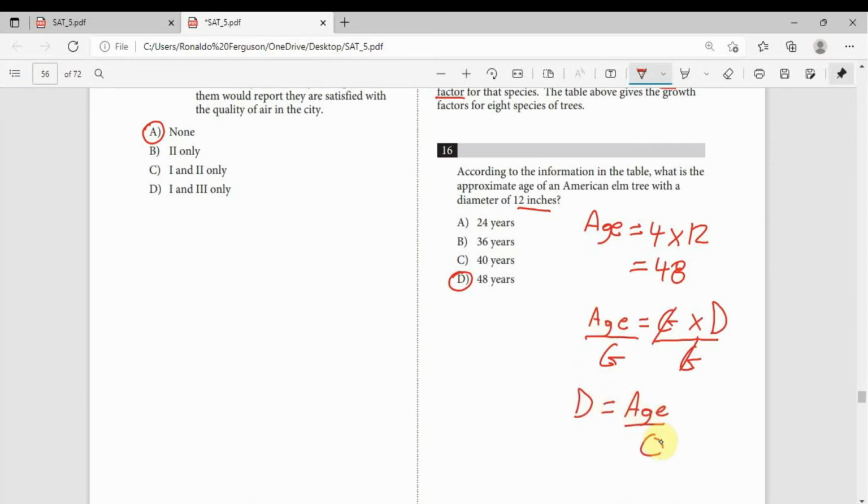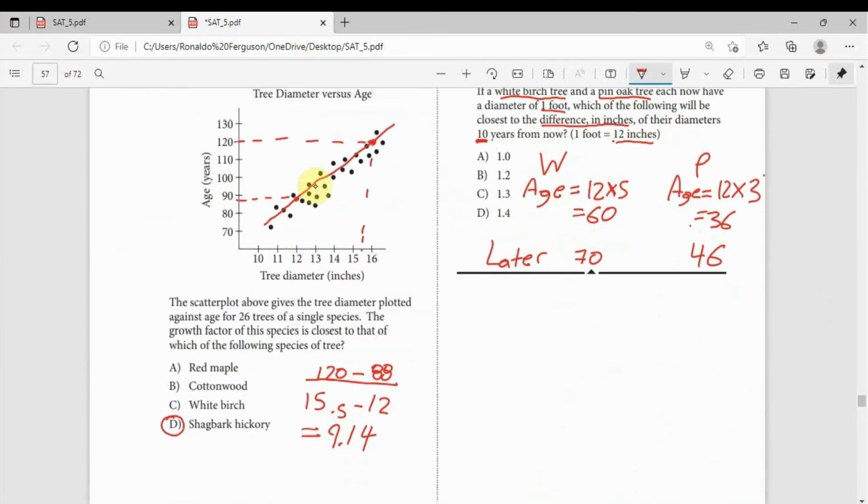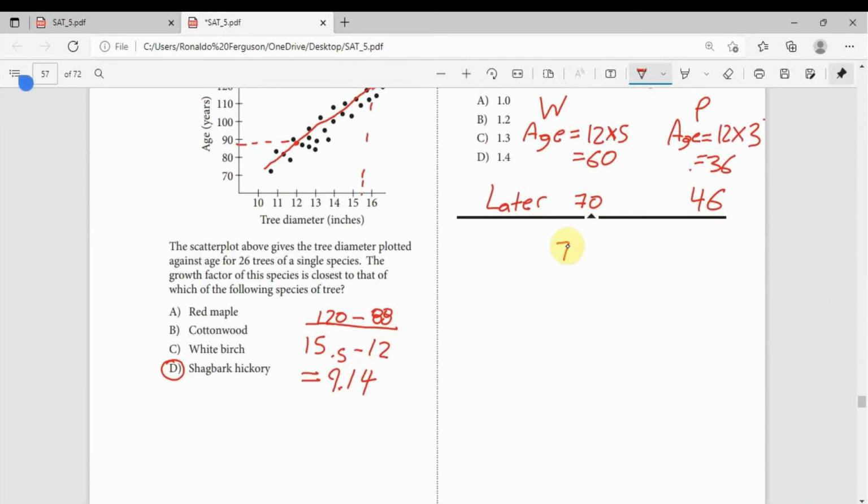So 10 years later, when it is 70, we divide 70 by the growth factor, 70 divided by 5. And 46 divided by the growth factor of 3. Somebody put that in the calculator. 70 over 5 is 14.